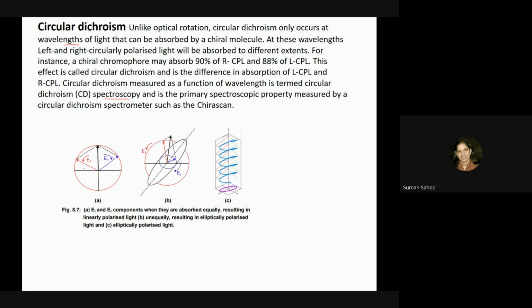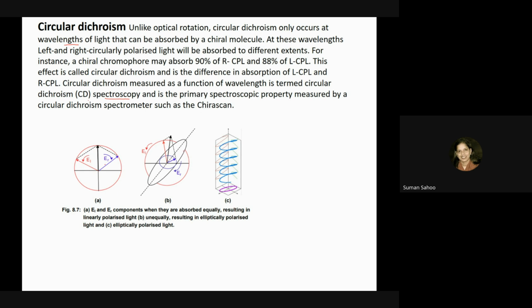Suppose we do not have a chiral environment. In that case, the right circularly polarized light and left circularly polarized light are of equal length, so they are absorbed in equal magnitude. That gives you linearly polarized light, because one is left and another is right. But when they are absorbed unequally, the right would be absorbed more and the left less.